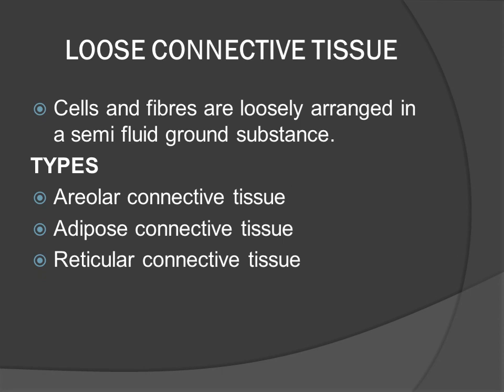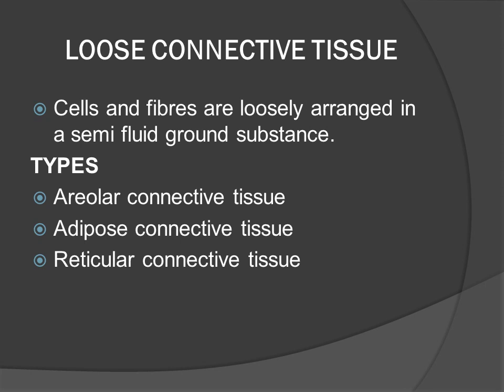Now we can go for the types of this connective tissue, right? So as we said, this connective tissue is mainly classified into two, that is loose connective tissue as well as dense connective tissue, right? So first of all we can see this loose connective tissue. Okay. So hope we can understand somewhat from the word loose connective tissue.